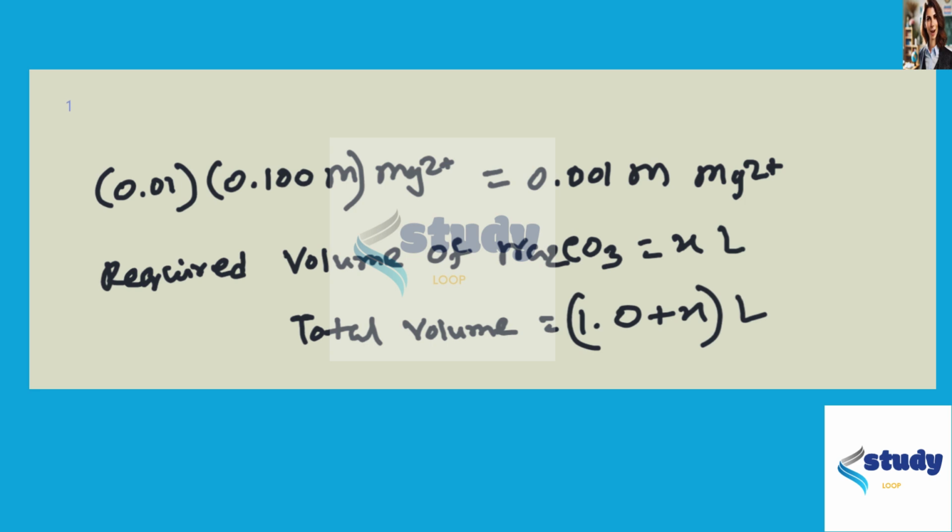Now we have to find out how much carbonate ion we are adding. Since we are adding x liter sodium carbonate, the carbonate ion added in number of moles will be the concentration of the sodium carbonate, which is 0.1 molar, times x liter.